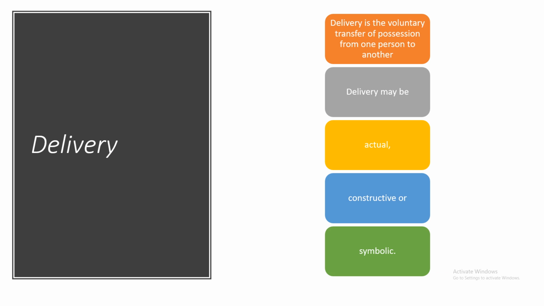Let us check up one example. When the goods are physically delivered to the buyer, it is called actual delivery or physical delivery. Example, the seller sold a book to the buyer, and handing over the book to the buyer is simply an actual delivery.